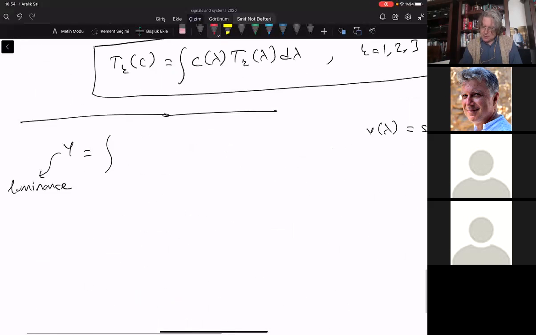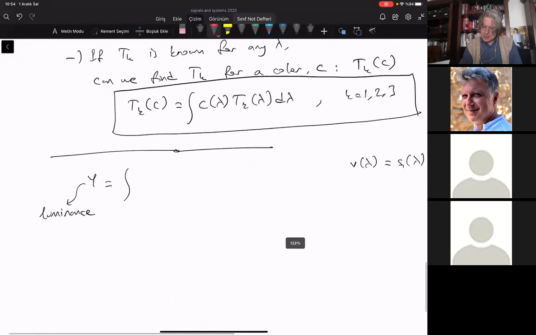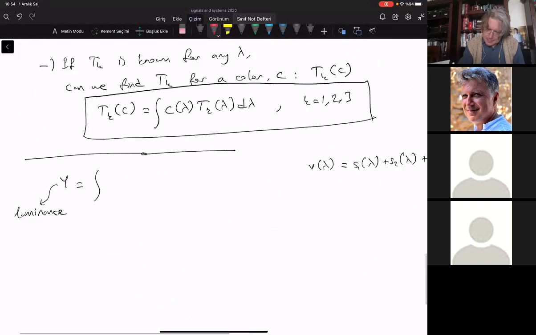Now with that V of lambda, let's come back here. With that V of lambda, I will be first generating a color, sum over k from 1 to 3, of course, beta k times Pk of lambda, which are the light sources, times V of lambda, d lambda.